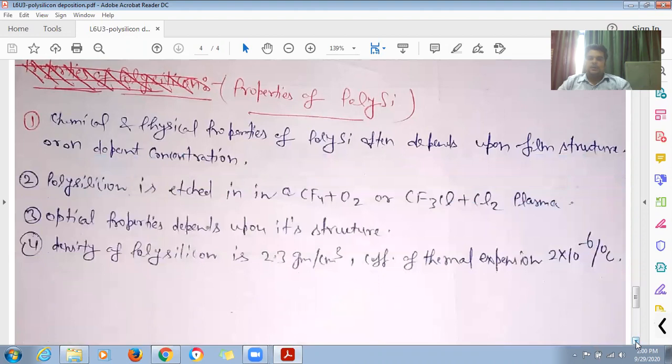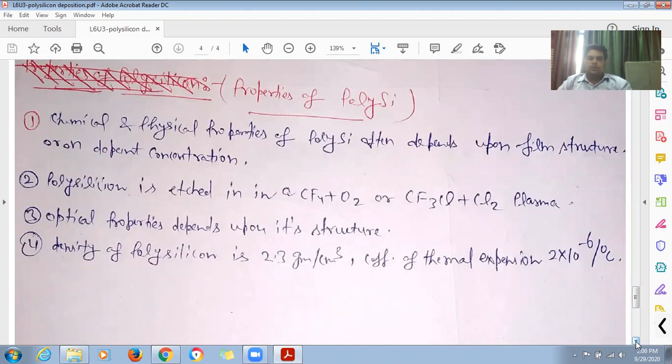What are the properties of polysilicon? The chemical and physical properties of polysilicon basically depend upon the film structure, whether the structure is amorphous or polycrystalline. These properties also depend upon the dopant concentrations.